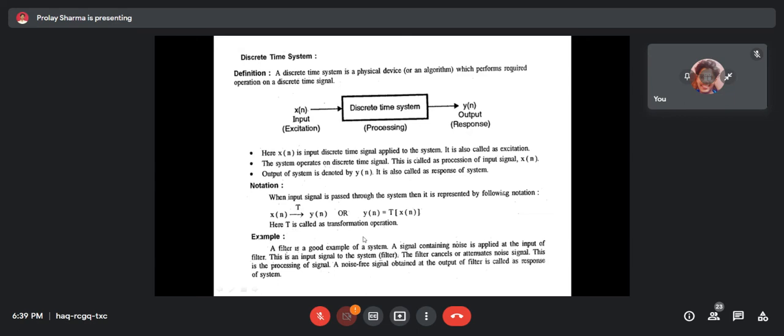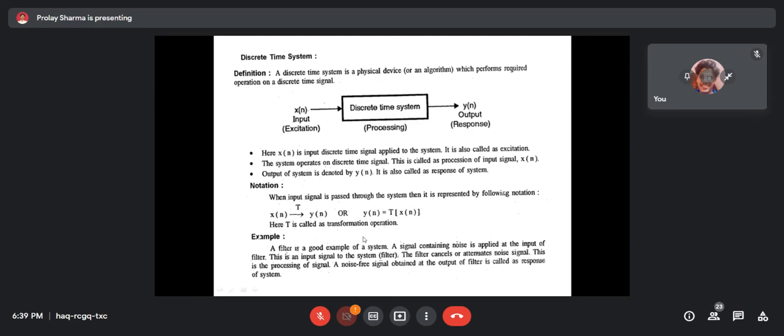Frequency selective means its performance depends on the signal frequency. That means it will allow certain frequency signals to pass, and it will block certain other frequency signals. So this is the operation of a filter.